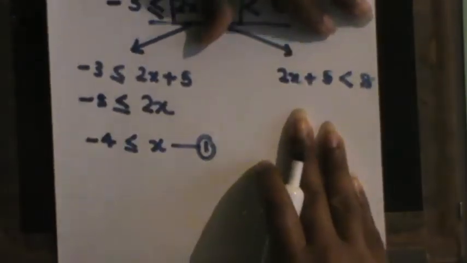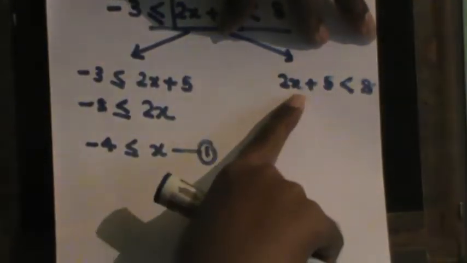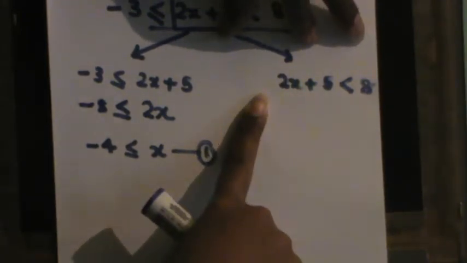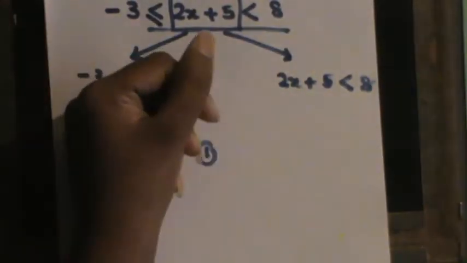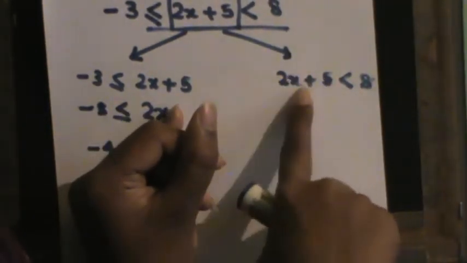Now the inequality on the right hand side: 2x plus 5 is less than 8. Similarly here, in order to isolate x, I have to eliminate this 5 from the left hand side.